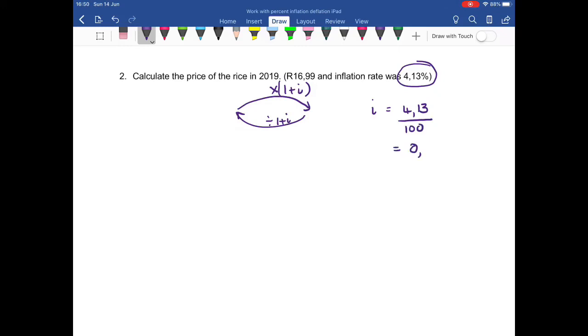If I write that as a decimal, I will get 0.0413, which is what I'm going to use in the 1 plus i. So I will get R16.99. Remember, I'm going backwards, so I'm going to divide by 1 plus 0.0413.